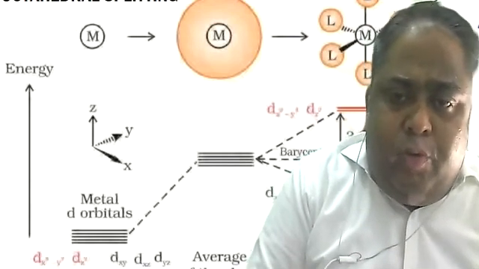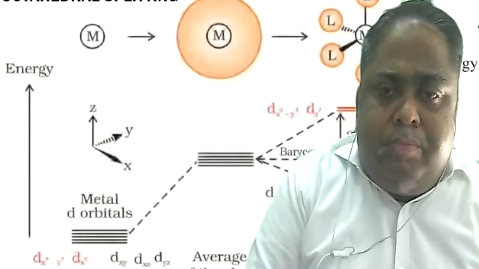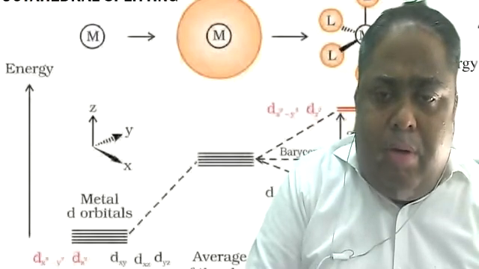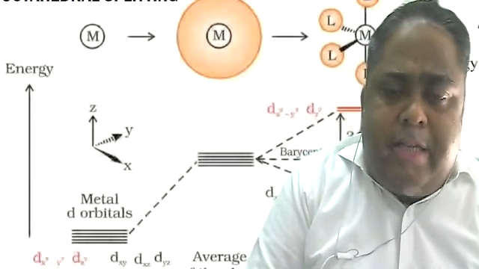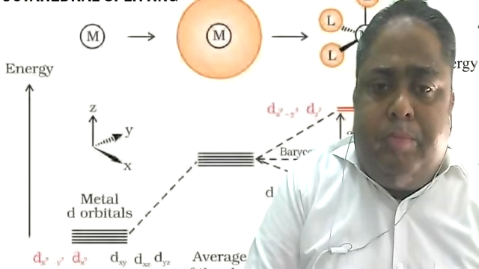Example, if you see a crystal of hexaaqua nickel, you will find that the color of the nickel complex is deep green or shiny green.